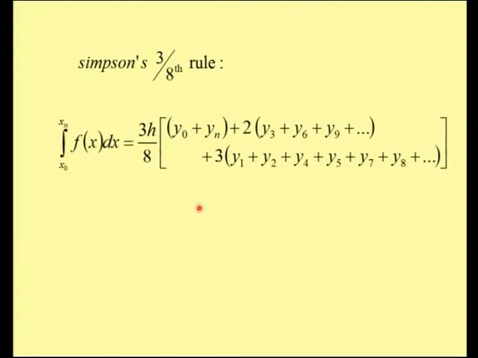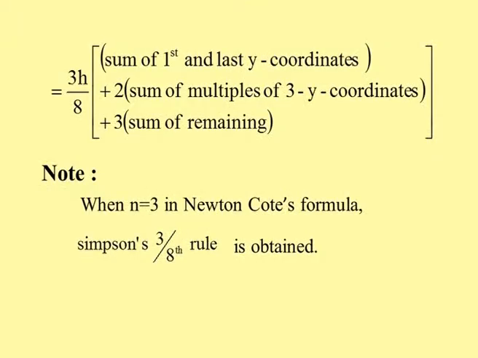Next, Simpson's 3/8 rule. The integral from x naught to xn of f of x dx is equal to 3h by 8 times y naught plus yn plus 2 times the y's whose indexes are multiples of 3, y3 plus y6 plus y9 plus etc., plus 3 times all the remaining ordinates. That is, 3h by 8 times the sum of the first and last y coordinates plus 2 times the sum of the multiples of 3 y coordinates plus 3 times the sum of the remaining.